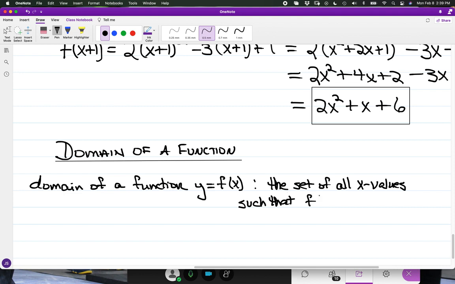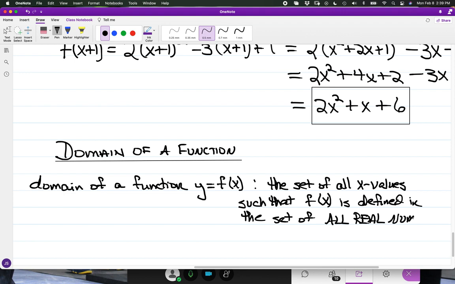f of x is defined in the set of real numbers, all real numbers. And again, for the interval notation for all real numbers, you have parentheses around negative and positive infinity.